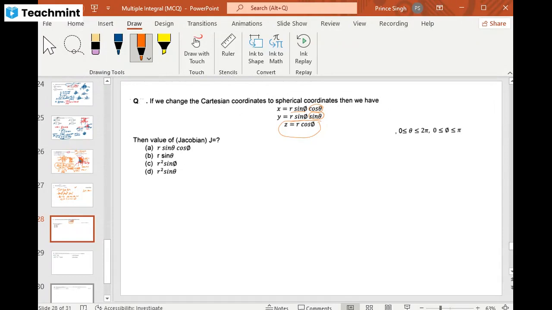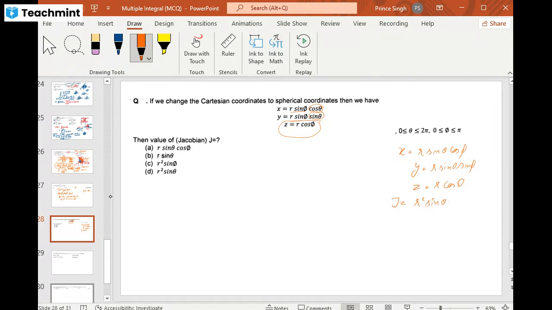So what is the Jacobian of transformation if we are choosing x equal to r sine theta cos phi, y equal to r sine theta sine phi, and z equal to r cos theta? Then the Jacobian of transformation is r square sine theta.